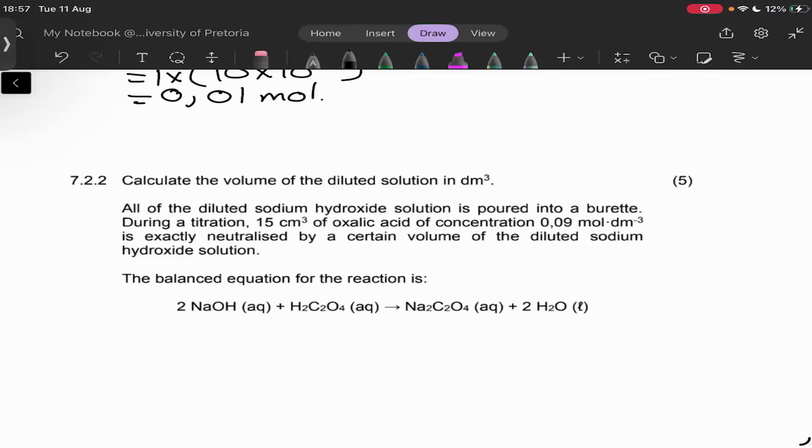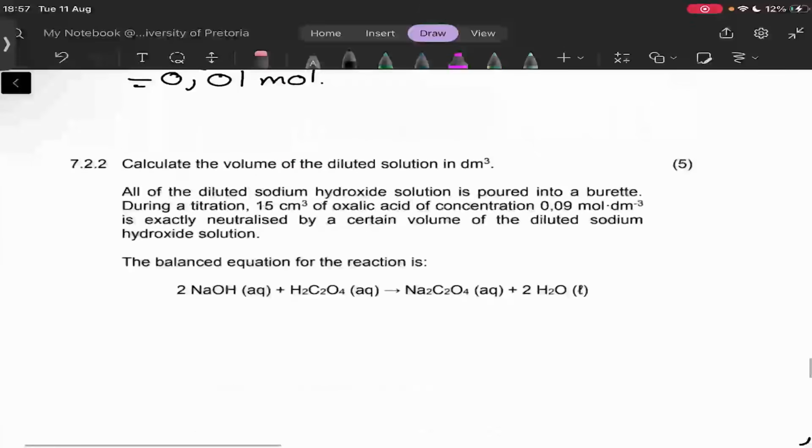The balanced equation for the reaction is given over there. And yeah, we have to now calculate this.